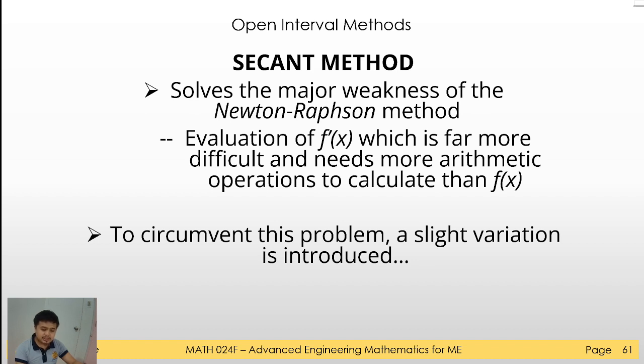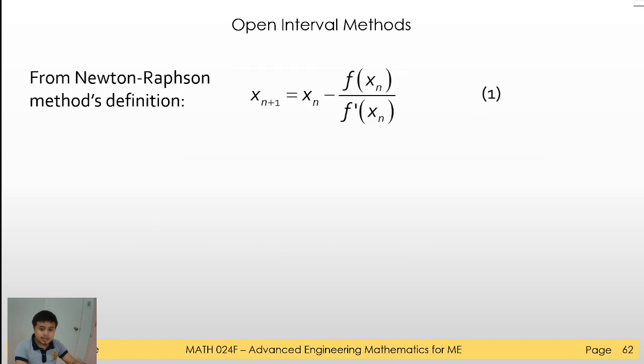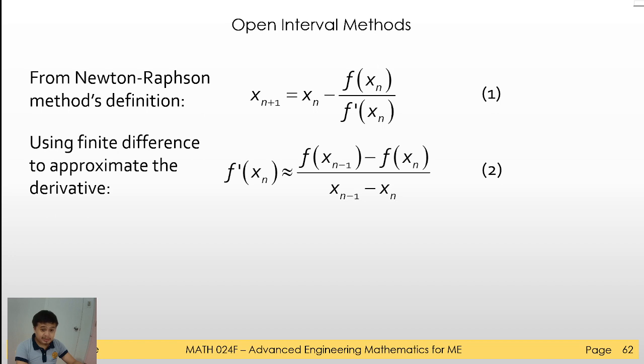So to circumvent this problem, instead of a derivative, we can approximate the derivative by utilizing the numerical derivative. You know? So this f prime of x can be approximated as a change in y. No? So we know that the derivative basically is the infinitesimal change in y versus the infinitesimal change in x.